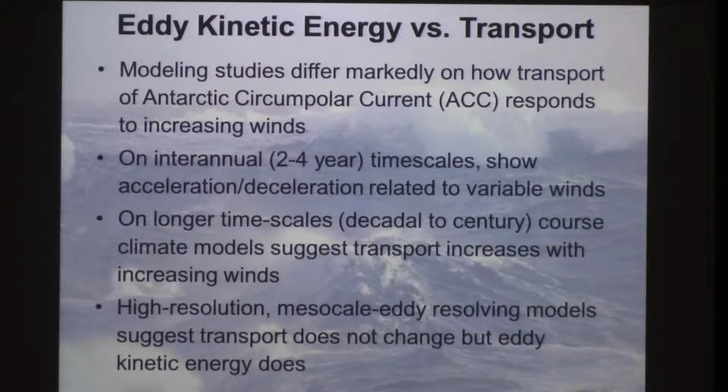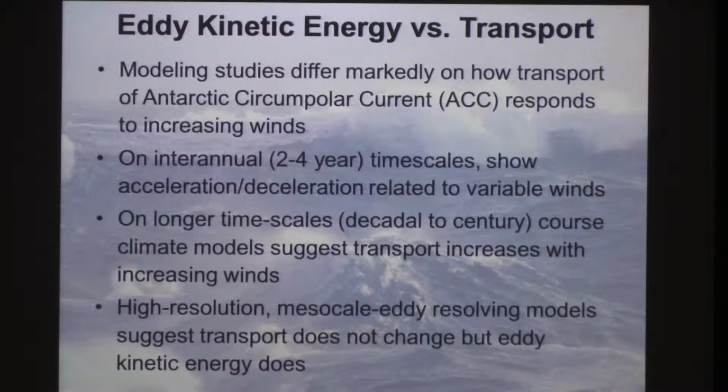And if they want to do a very, very long run of these high-resolution eddy-resolving models, they have to make some simplifications, basically in the bathymetry, the land and ocean areas, things like that. They use fairly constant winds, things like that. But these two different types of models have shown very different things about how the transport and the eddy kinetic energy in the Southern Ocean evolve with a change in winds.